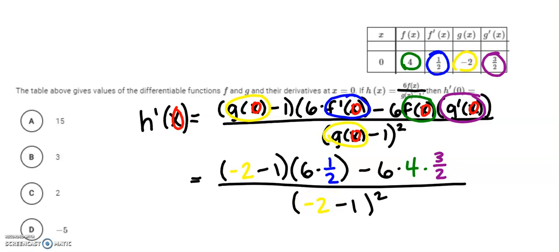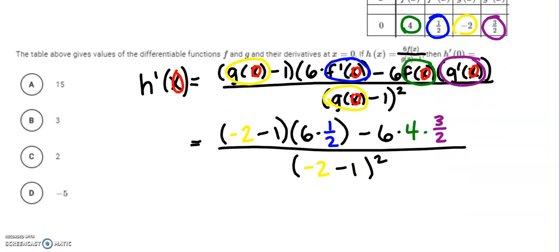So now I got to do some heavy arithmetic. Don't be scared of the arithmetic. Order of operations. So negative 2 minus 1 is negative 3. 6 times 1/2 is 3 minus 6 times 4 is 24. Divided by 2 is 12. Times 3 is 36.